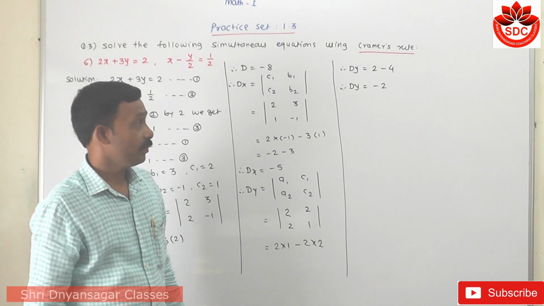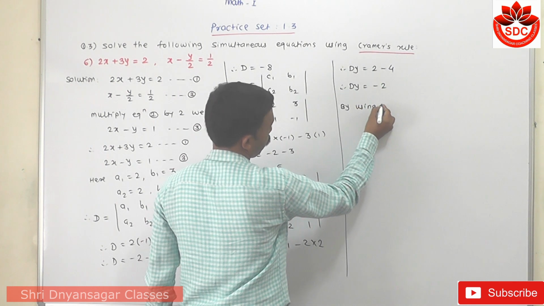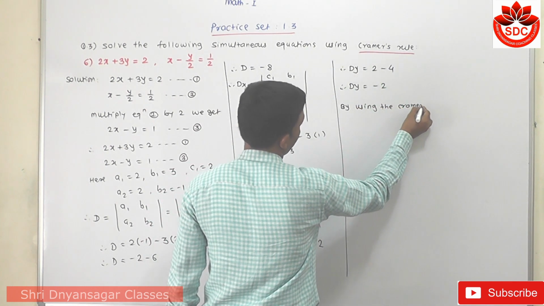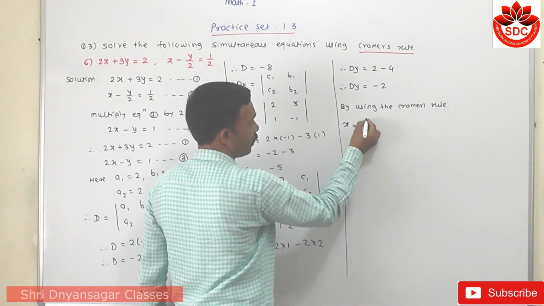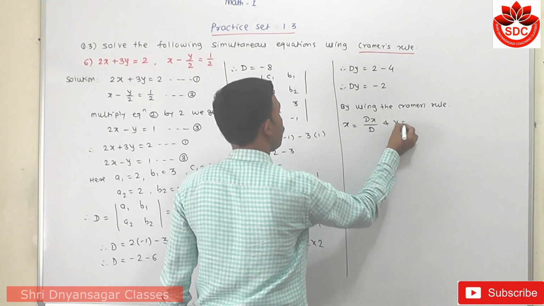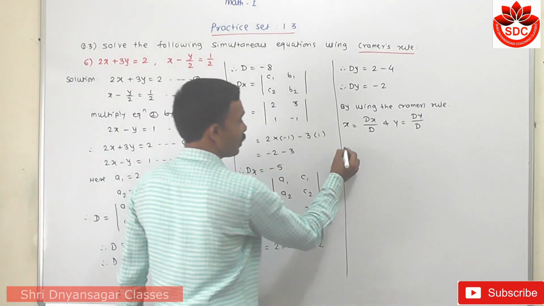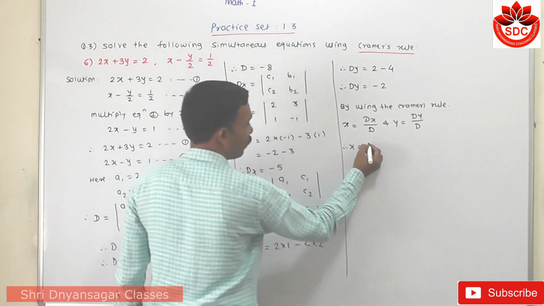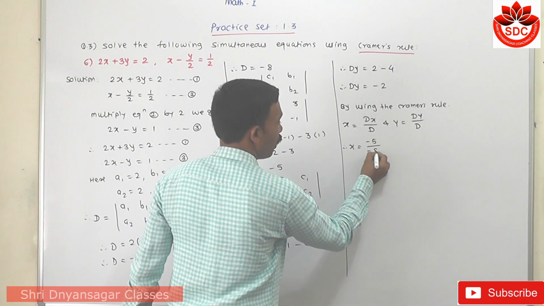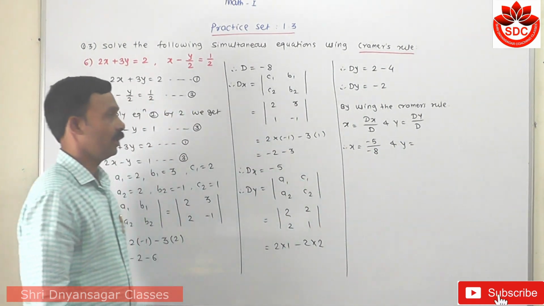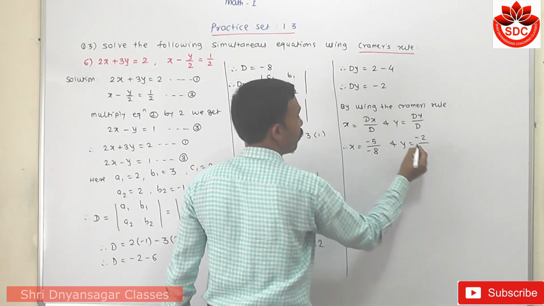Okay, then by using the Cramer's rule, now the rule is that x is equals to dx upon d and y is equals to dy upon d. Then we put the value of dx, minus 5, and the value of d, means the determinant, is minus 8, and y is equals to, the value of dy is minus 2 and value of d is minus 8.